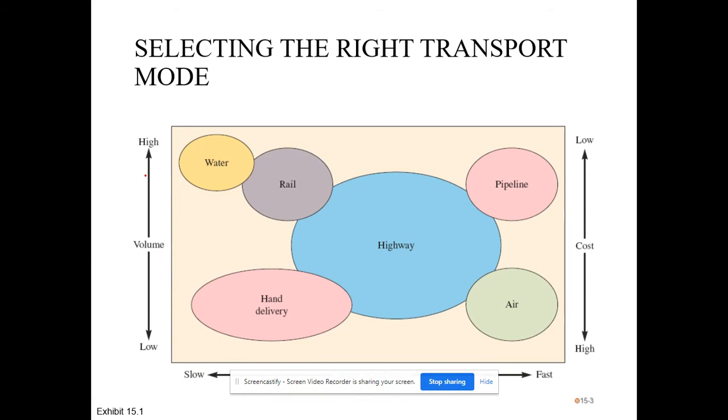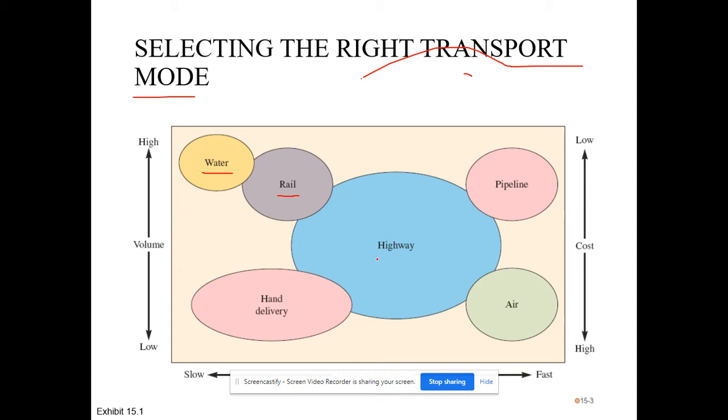And let's look at what are the right transportation modes. This is a part of background. So you have different transportation modes that we are all aware of. For example, you can send your goods via railways. You can send it through steamers and ships.